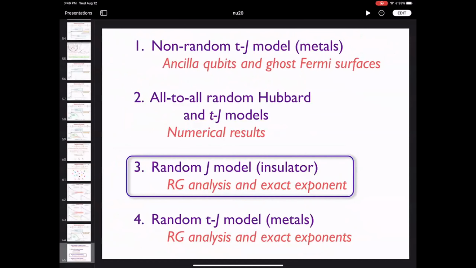Right. So I should have explained that. What they're really doing here is not looking at the model I described. They're looking at a slightly different model, which has essentially the same properties, where you take a model with non-random hopping on an infinite dimensional lattice.